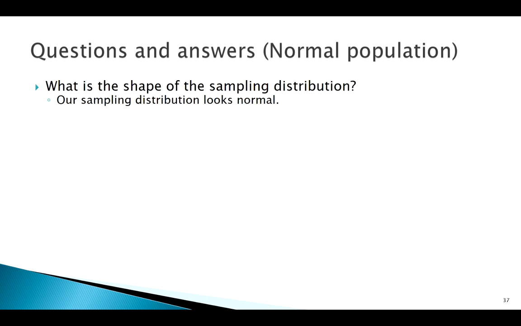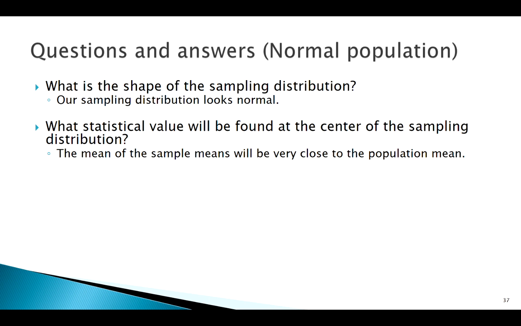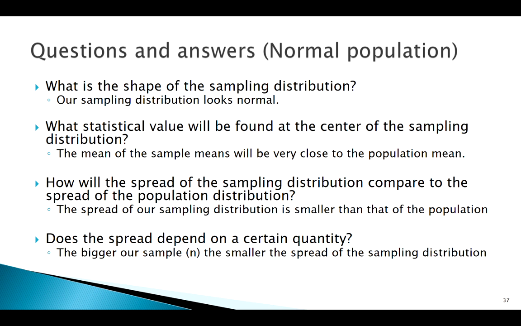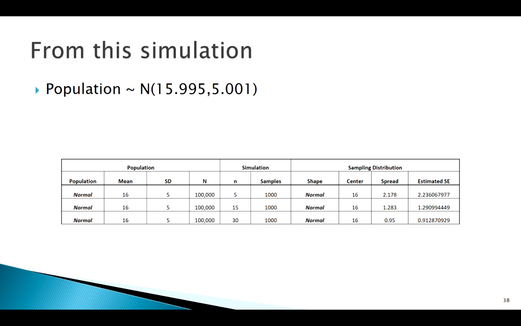So formally answering those questions: pretty normal across the board, pretty accurate across the board, and as n gets bigger, we get more precise. Now remember, this was all from a normal population. Here's a table summing all of that up.